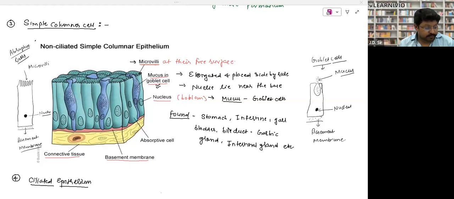Full stop. The nuclei are somewhat elongated.